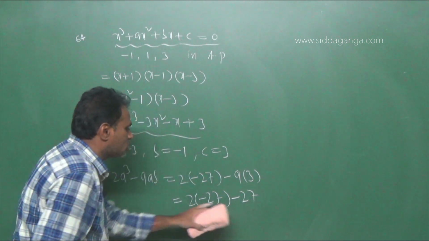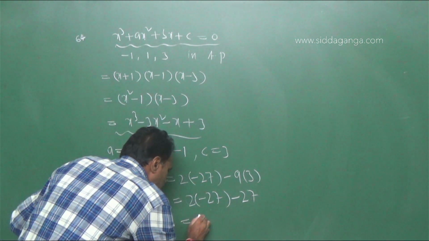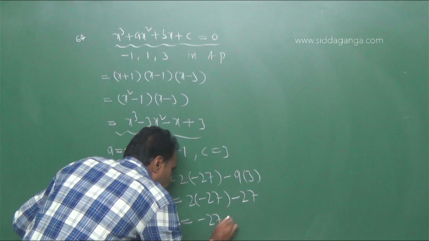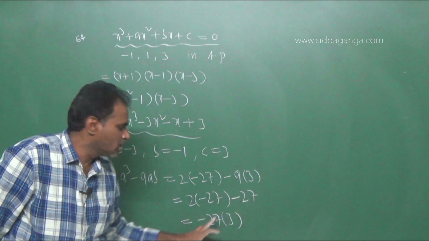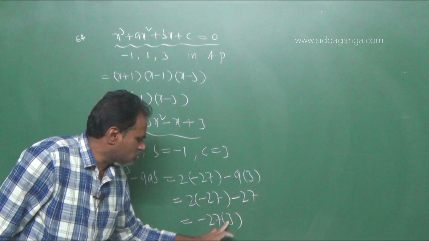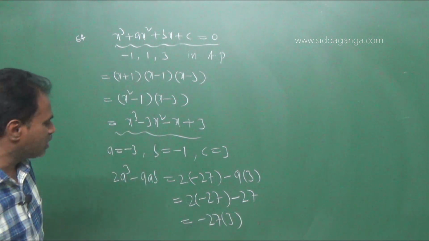Therefore, minus 27s are 3 there, so minus 27 into 3 you can write. Take minus 27 common, then 2 plus 1, 3. So, minus 27 into 3.